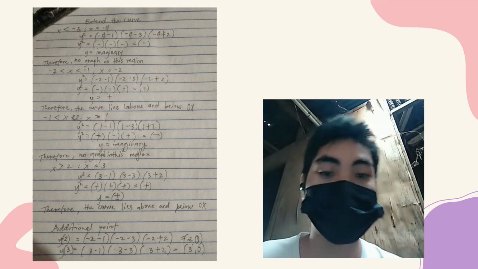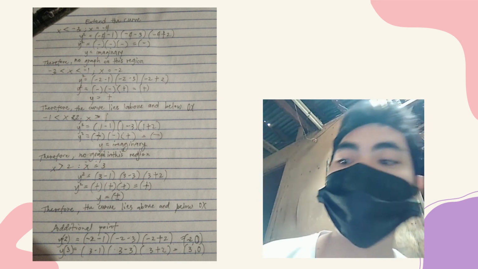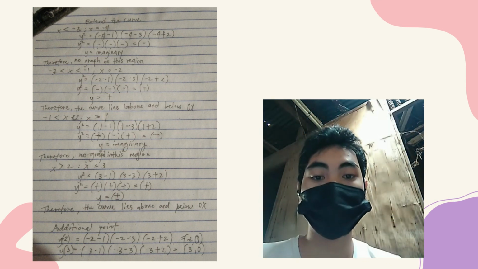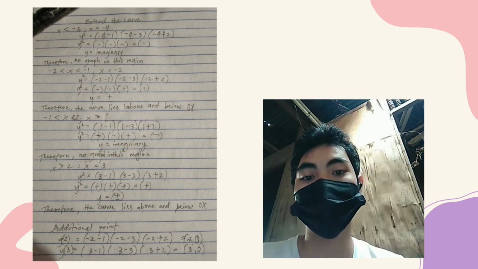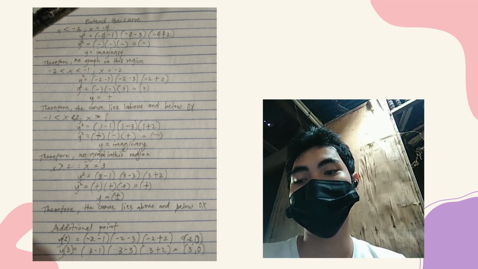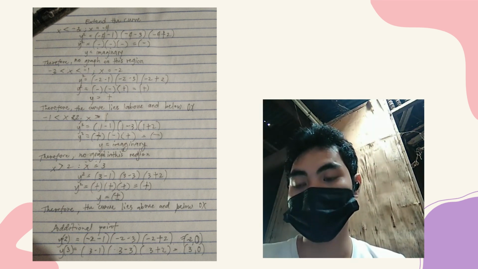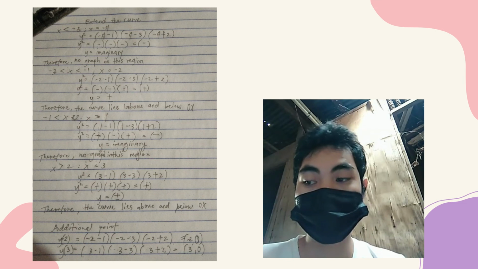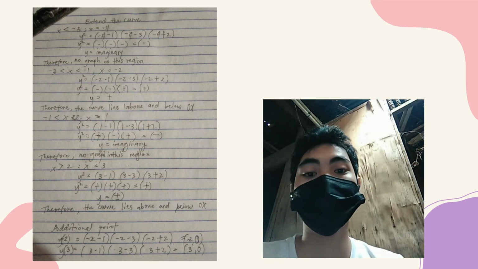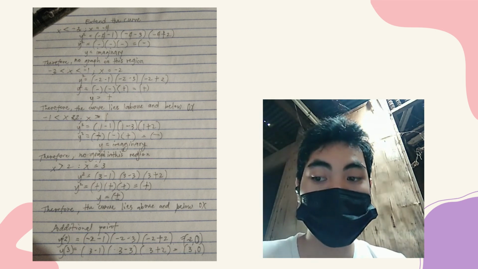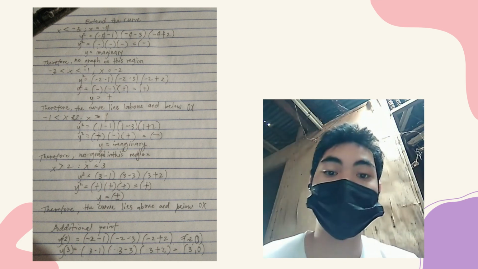So y squared is equal to the signs of positive times positive times positive equals to positive. So our y here equals positive. Therefore, the curve lies below and above the origin of x.